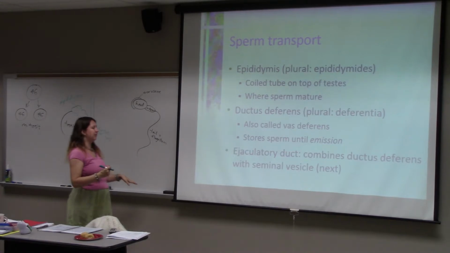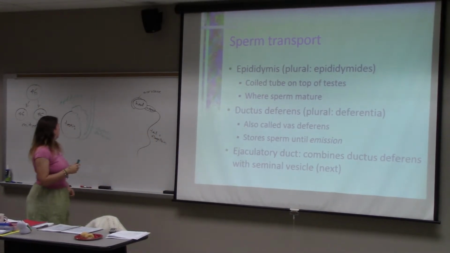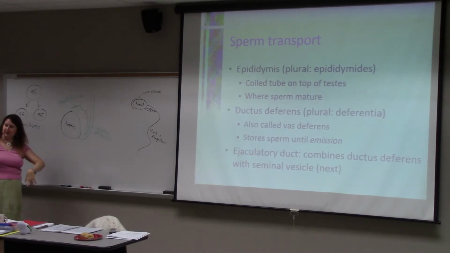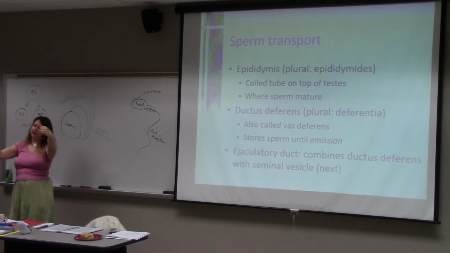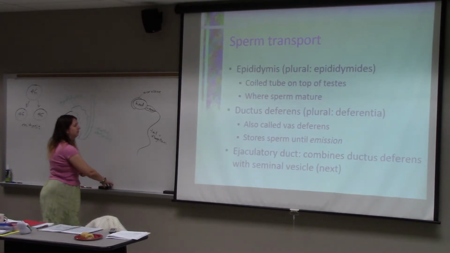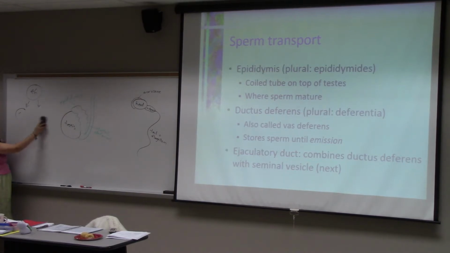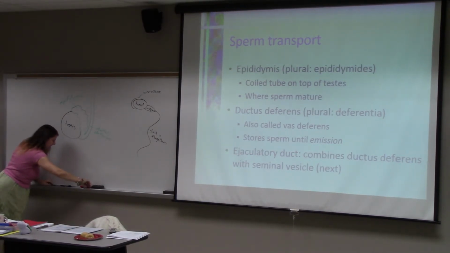That process is called emission. The ductus deferens goes up into the pelvic cavity, around behind the bladder, where it will go into another tube, which is fairly short, called the ejaculatory duct.